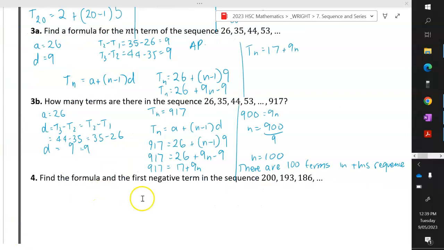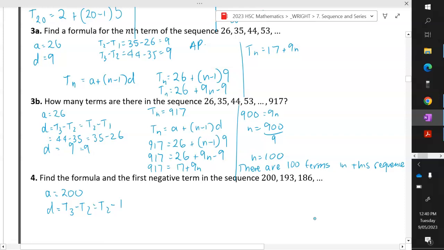Okay, question number 4. Find the formula and the first negative term in this sequence here. So we need to again confirm that it is an AP. We know that our first term is 200. Let's look for a common difference. Actually, let's write out with terms first. Term 3 minus term 2 equals term 2 minus term 1.